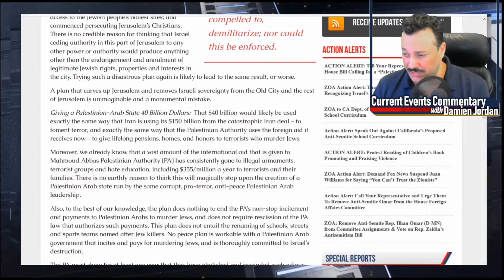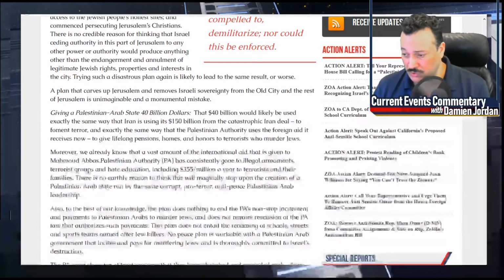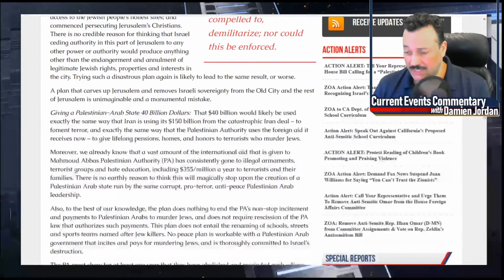Trying such a disastrous plan again is likely to lead to the same result or worse. A plan that carves up Jerusalem and removes Israeli sovereignty from the Old City and the rest of Jerusalem is unimaginable and a monumental mistake.